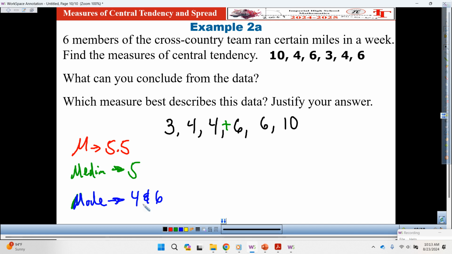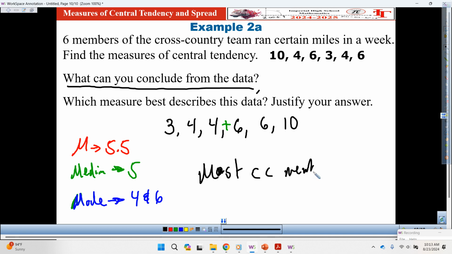Question. Now that we have these numbers, what can you conclude from this data according to this problem? People running the miles in a week. So, your neighbor, what would you write as a statement for that? What would you write? Most what? Cross-country members ran what?